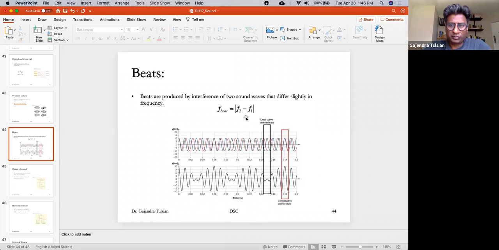So you might have seen musicians tune their instruments. They'll sound the tuning fork, and then they'll play the instrument. And if the instrument frequency does not match the tuning fork frequency, you'll hear a sound whose intensity goes up and down as per the beat frequency.